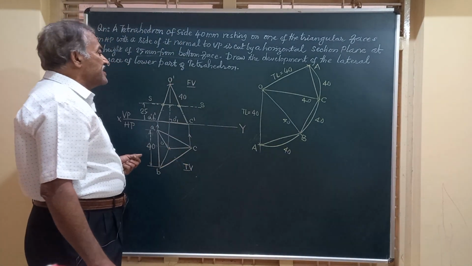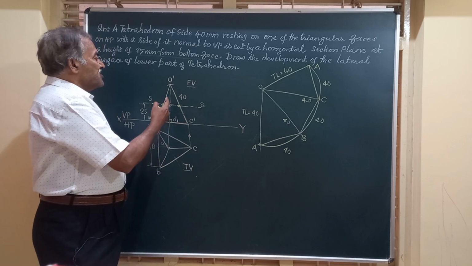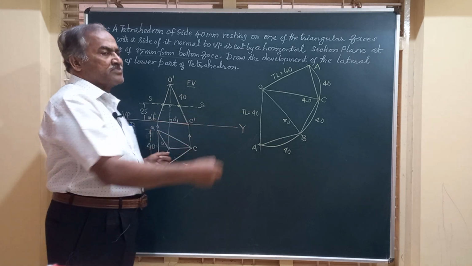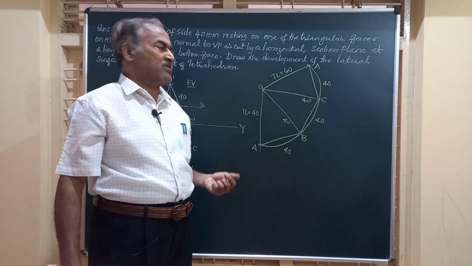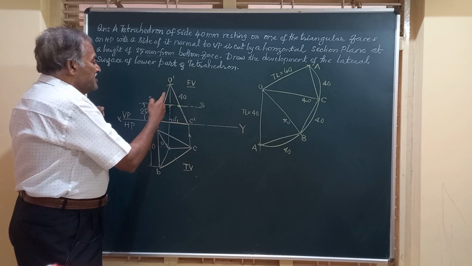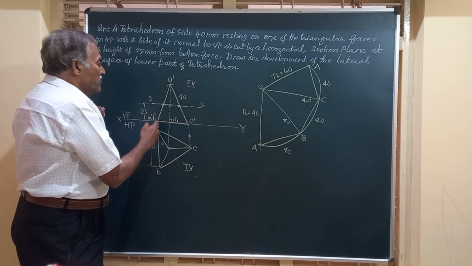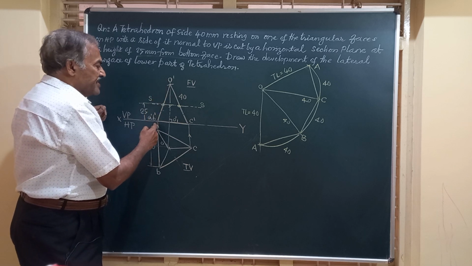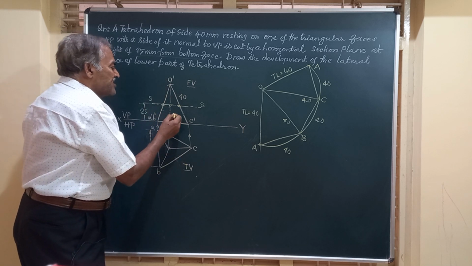Friends, now let us transfer the points where the section plane is cutting the solid to the corresponding edge in the development. If you observe the front view, the edges OA and OB are cut here, but these two are not the straight edges or the actual size or true length.